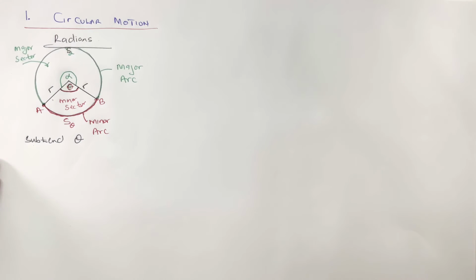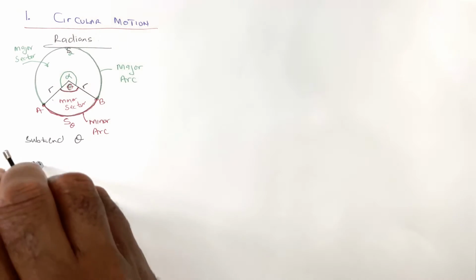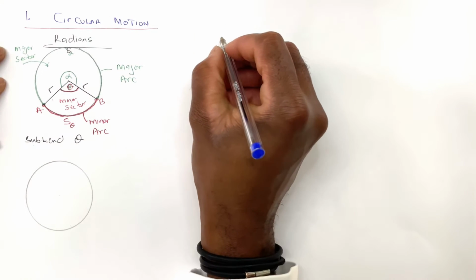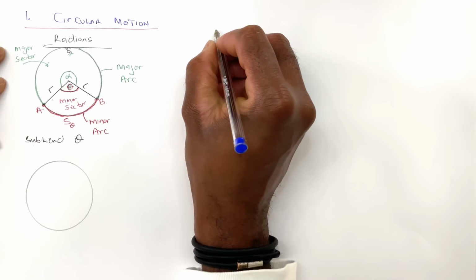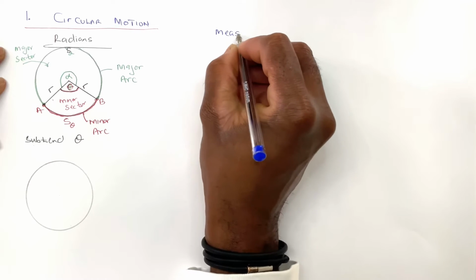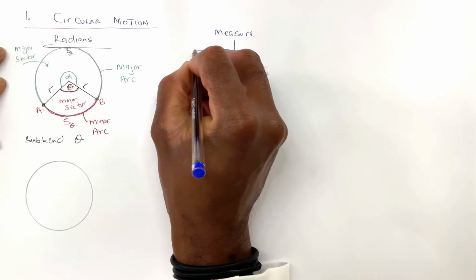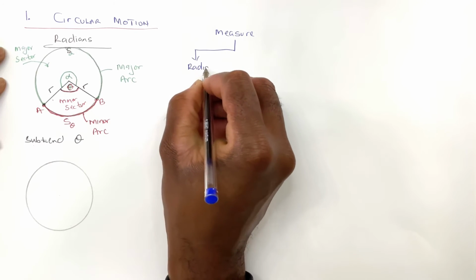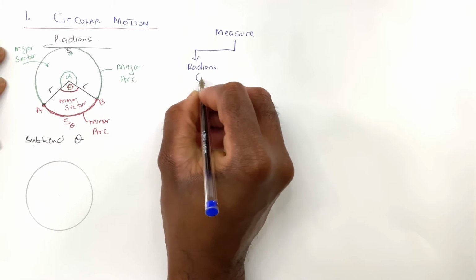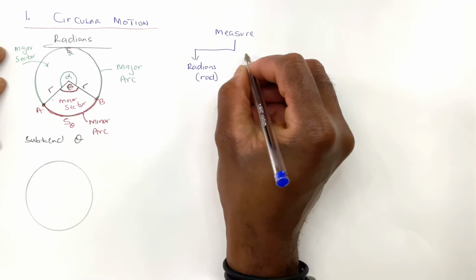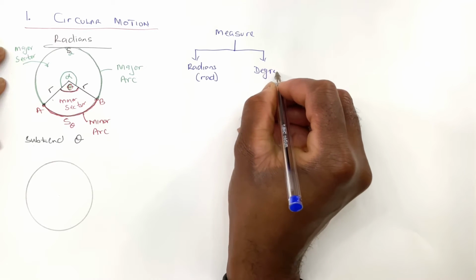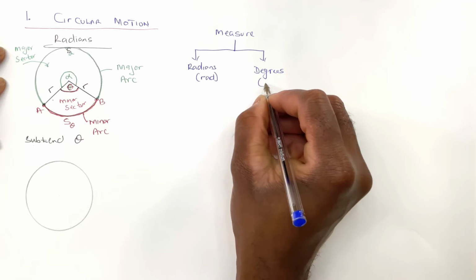And if I draw another circle, just to describe what I'm going to talk about now. Before that, I'll just describe that we measure angles in two ways. We can measure angle in radians, which has a unit of rad, or we can measure angle in degrees, which has a unit of degree.